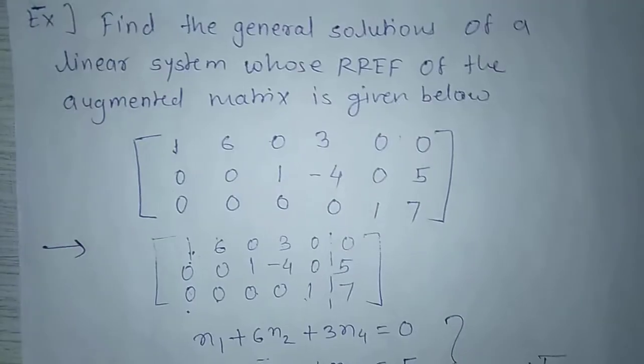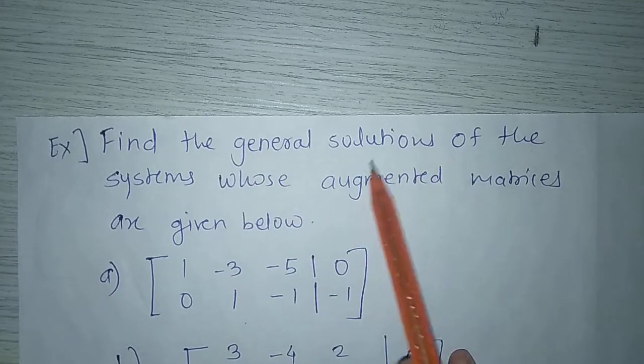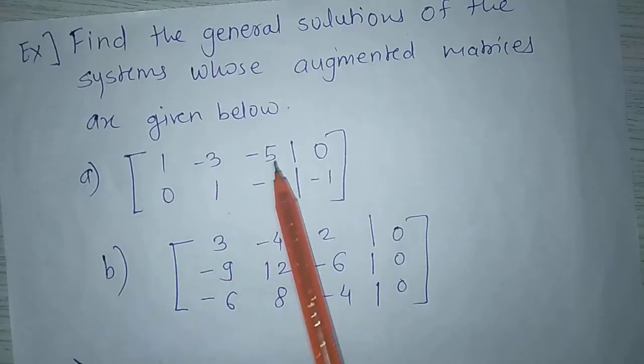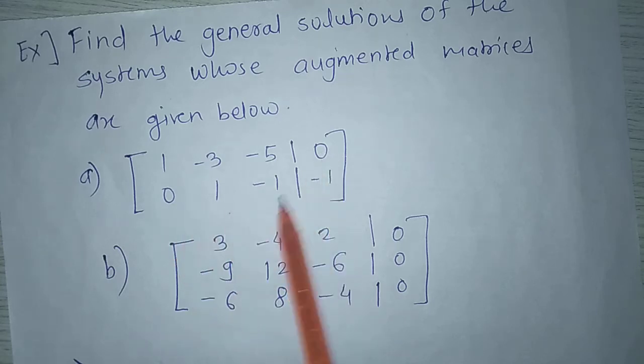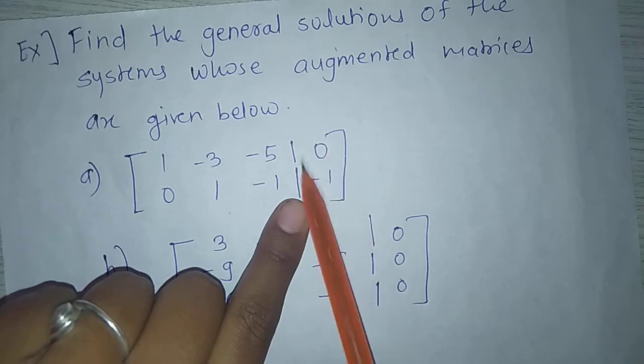Next example. Find the general solution of the systems whose augmented matrices are given below. The first matrix is [1 -3 -5 0; 0 1 -1 -1]. The last column is nothing but the constant matrix.